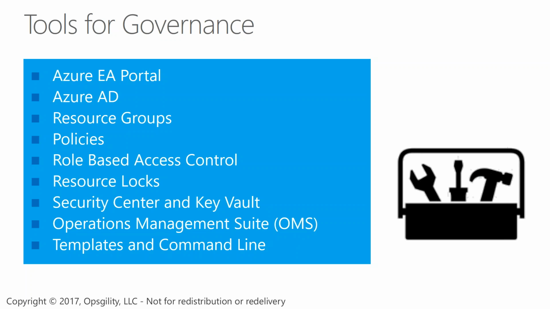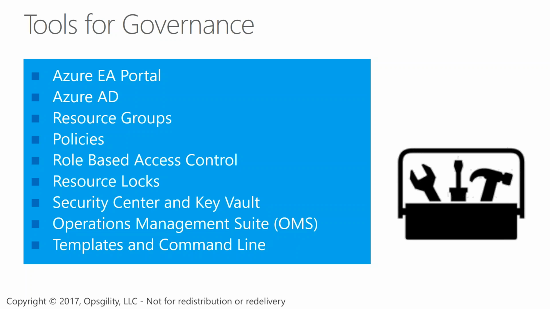We'll discuss resource groups, what they are, what they're for. We'll talk about policies, again, giving us control over what can be deployed in our subscriptions. Again, we'll discuss role-based access control, which is the feature that enables just granting the permissions that are required. We'll also talk about a feature called resource logs that can help prevent accidental deletions.